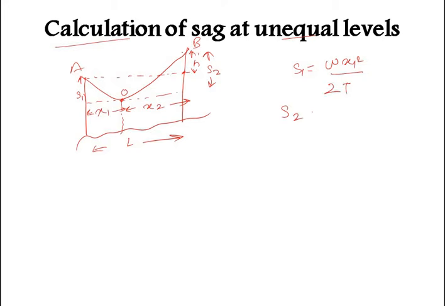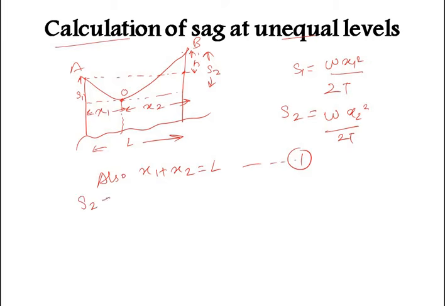Similarly, S2, from point O to point B, will be W into x2 square divided by 2T. Also, we can say x1 plus x2 is equal to L. This is equation 1.